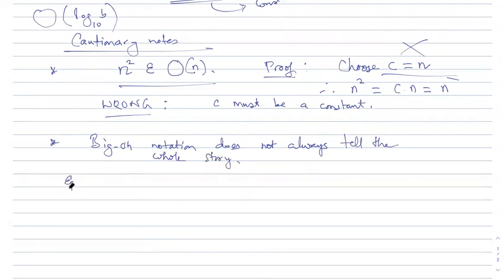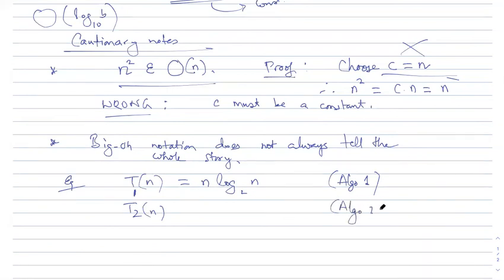For example, say T1(n) is equal to n log base 2 of n, and that's your algorithm 1. And T2(n), another algorithm 2, runs as 100 times n.